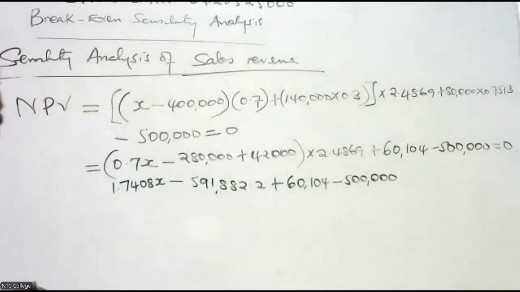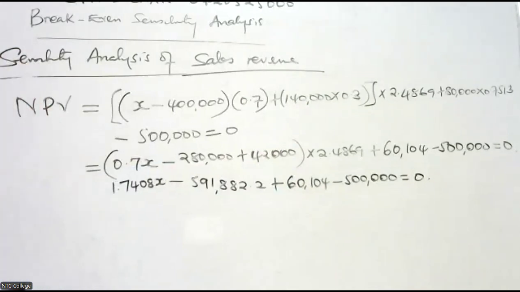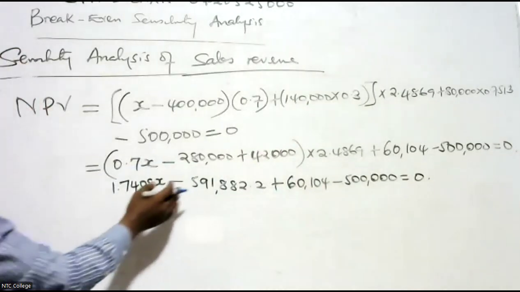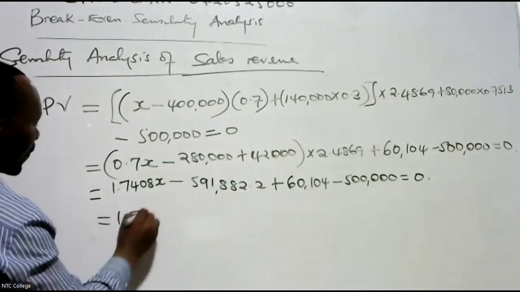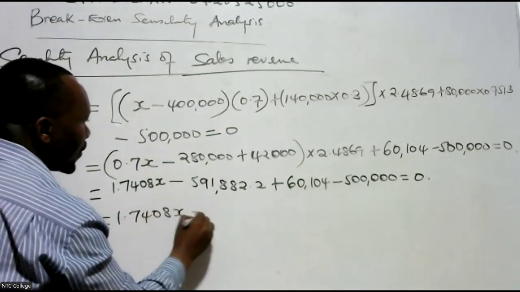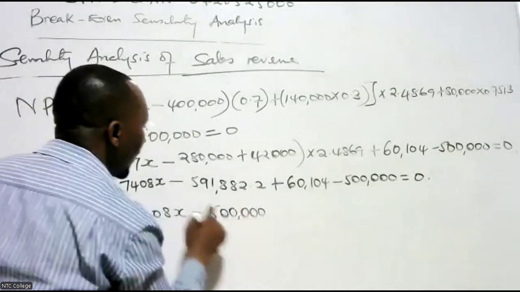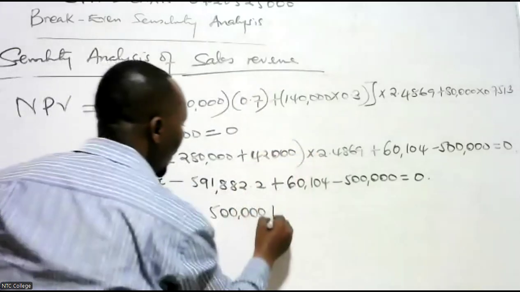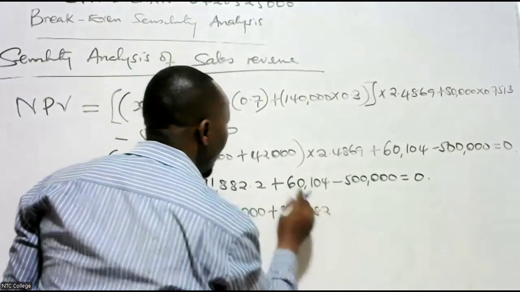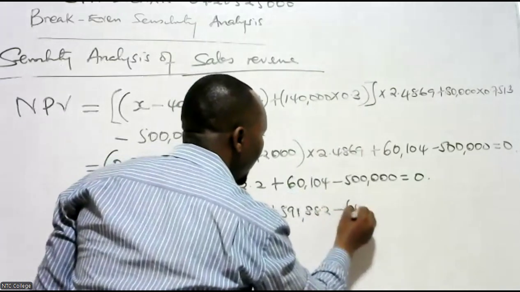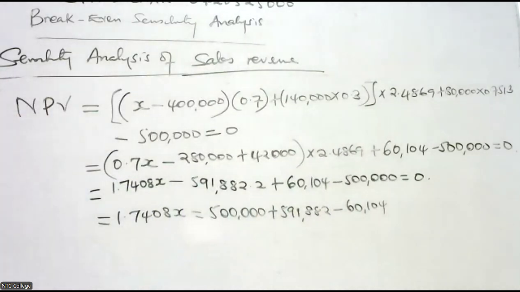What are you getting there? So that is equal to 0. Right? You are arranging the calculation now. So we can let the negatives cross over, right? So we have 1.7408X is equal to, let 500 cross over, 500 when crossing will be positive. This is negative, when it crosses the equal sign it becomes 591,882. This is positive, when crossing it becomes negative 60,104. Has everyone crossed over? Every figure has crossed.